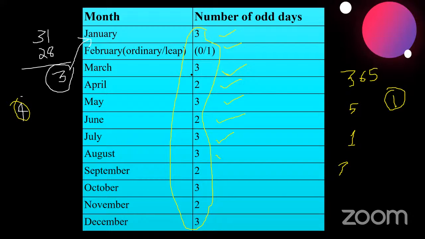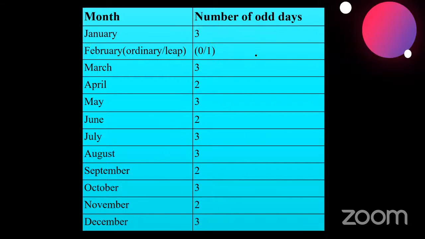Okay, ma'am. 30. You're getting 30? Yes, ma'am. How many numbers did you take? Whether you took 0 or 1. 1. Okay, fine. Then 30, right? 1 means it is a leap year, right? Yes, ma'am. Totally 30.